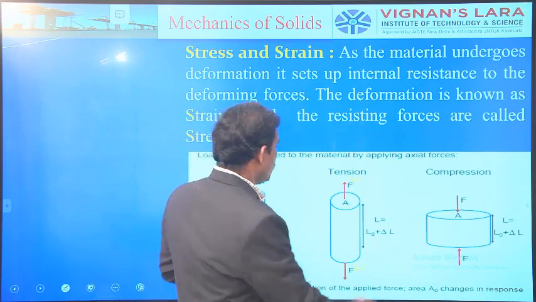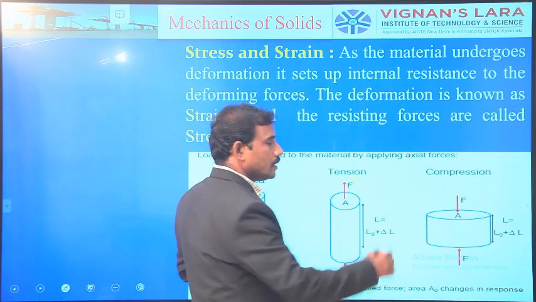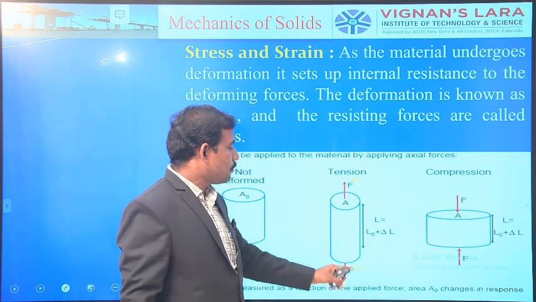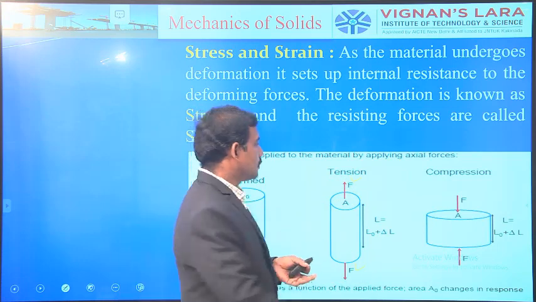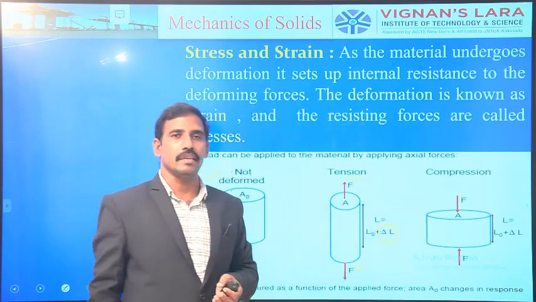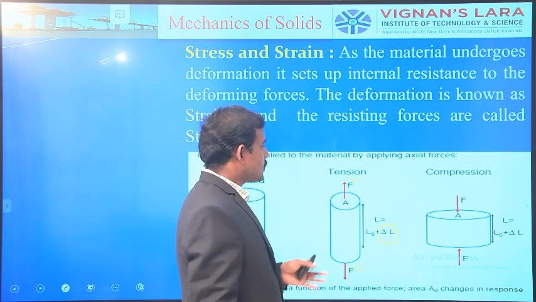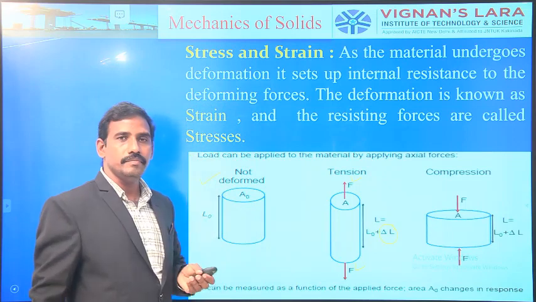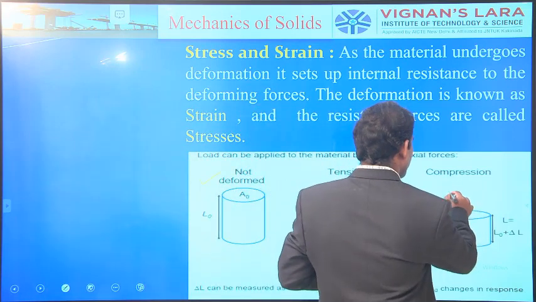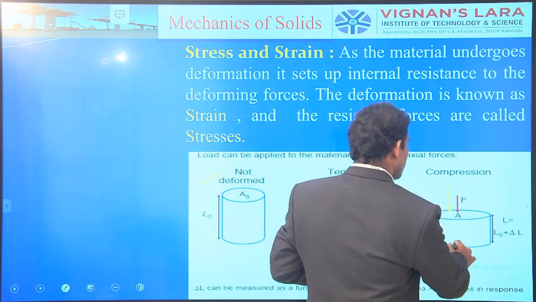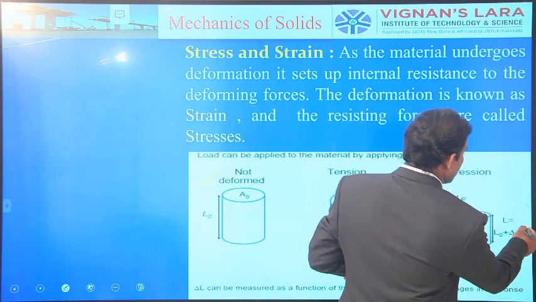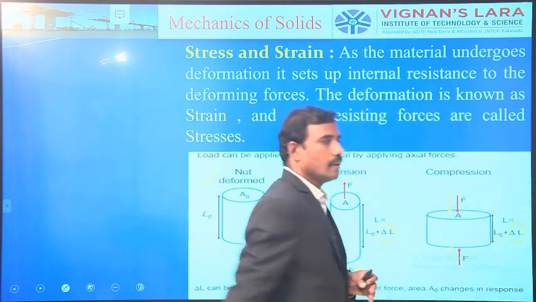We observe that a deformation takes place when the force is applied in tension, and the change in length is denoted as dl. The same force system is applied on the same body in another nature, that is compressive. Here also there is a change in length, denoted by dl.